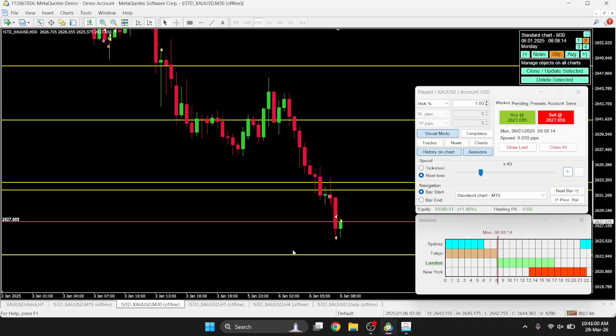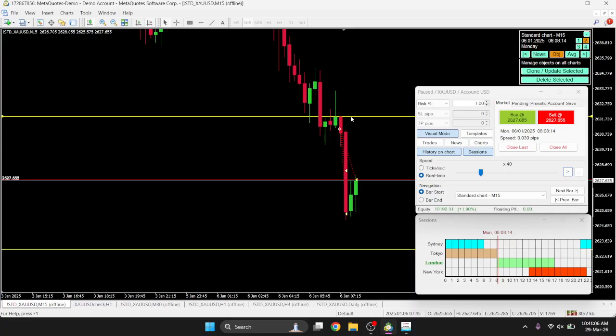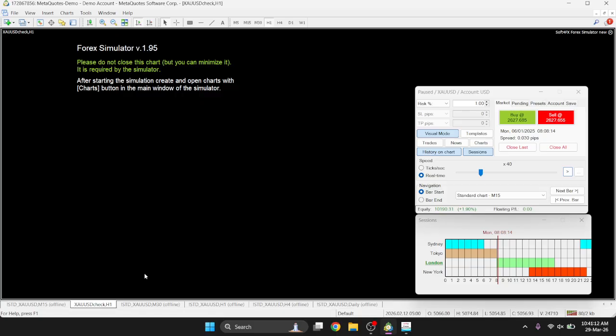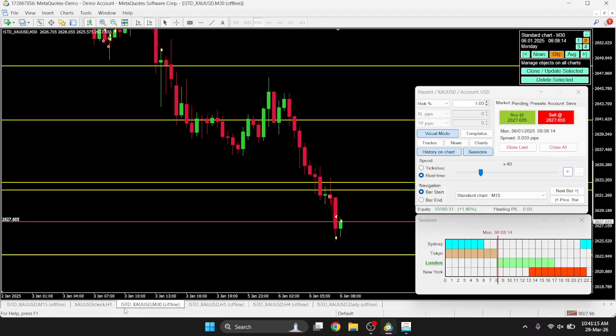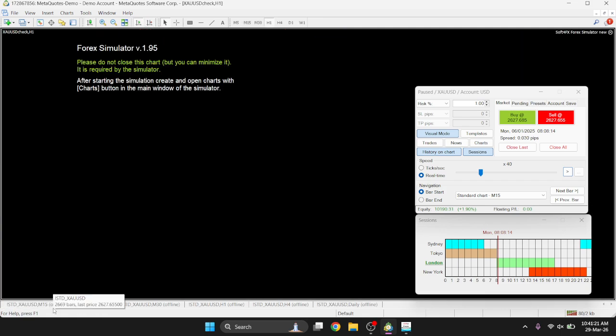If we look at 30 minutes, what is happening here? We have a resistance here. So this is our resistance level, and the market created support here. What is this?